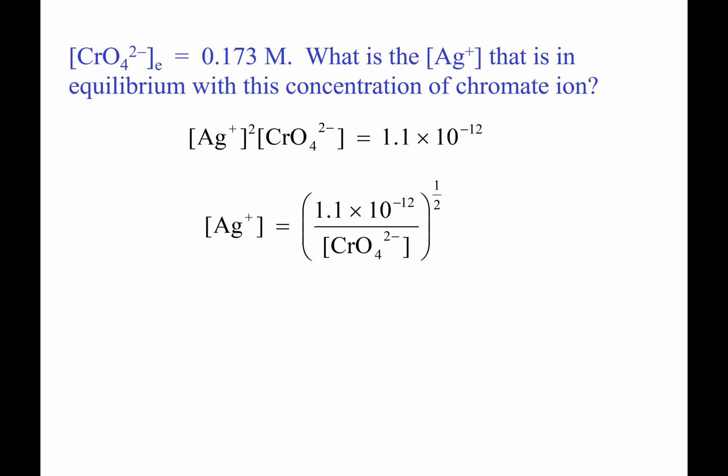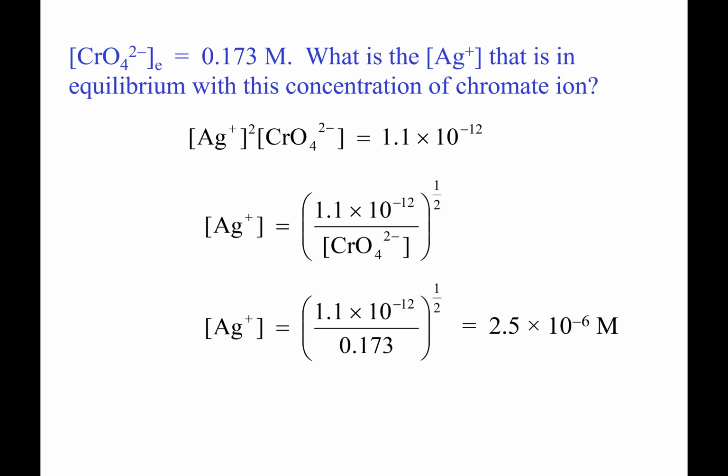Almost done. So we'll go ahead and substitute in our 0.173 for our chromate ion, and this is what we get. So at equilibrium, the silver left in solution is going to be the square root of quantity 1.1 times 10 to the minus 12 divided by 0.173. We're only allowed 2 sig figs.